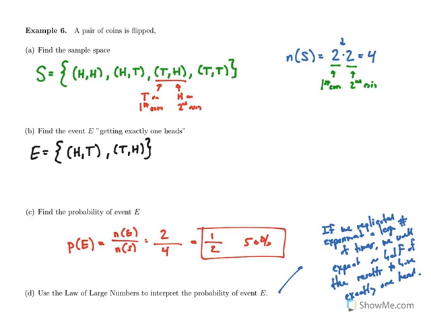Now, maybe with a large number of times, it's actually not that close to half, but if you kept on doing it more and more, you'd get close to 1/2.